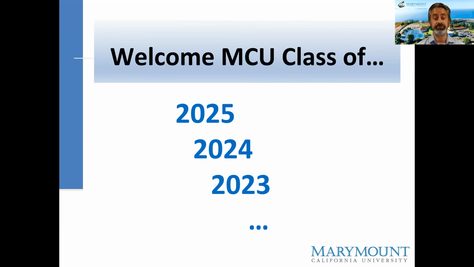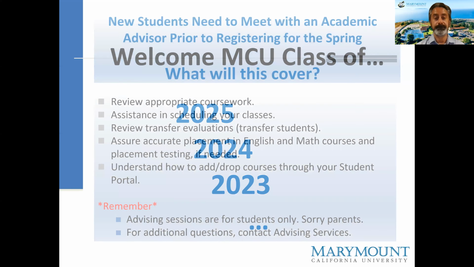You will definitely do that in your first semester, working with your academic advisor to develop your educational plan, and that lays out exactly what classes you'll be taking what semester. It's really important that you determine that and are clear on what your goal is, and your advisor can help you in that journey.